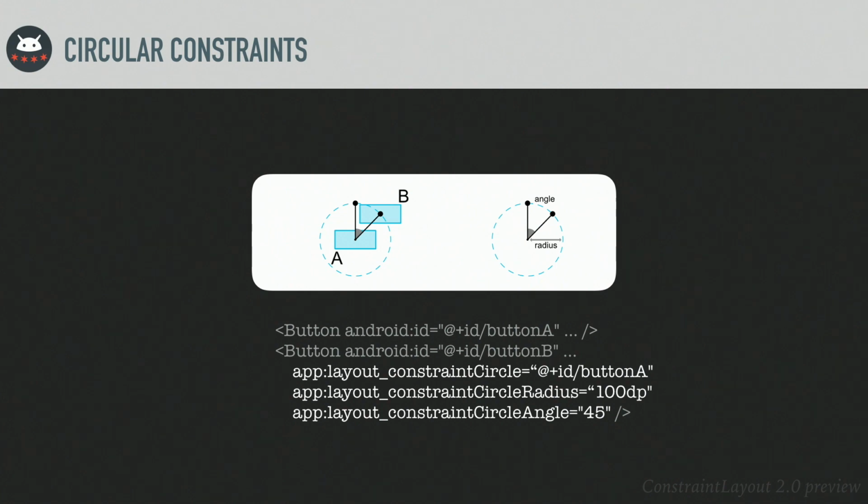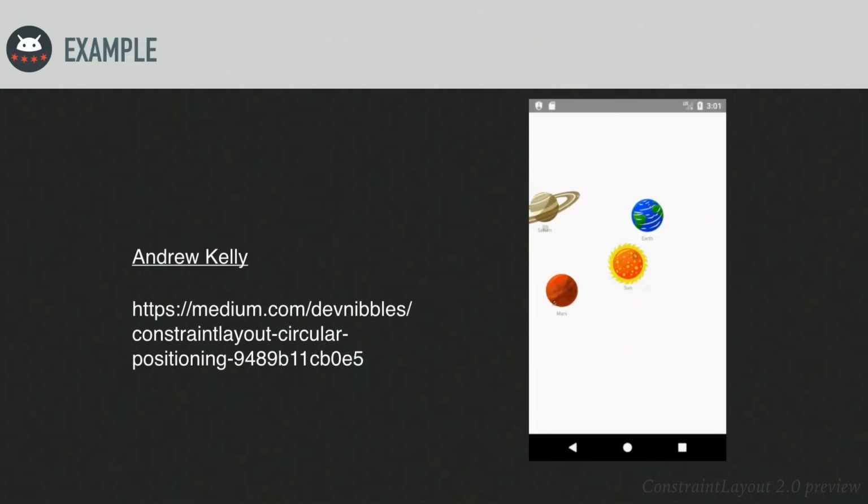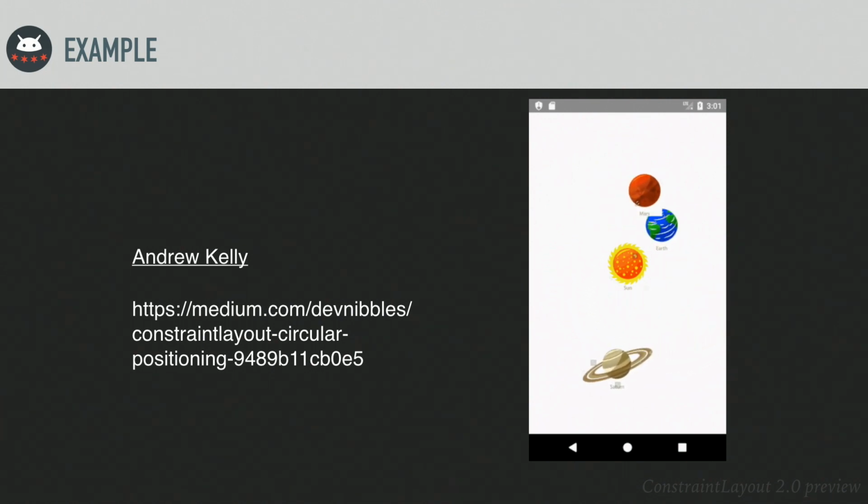The circular constraint essentially allows you to position a widget relative to another one with an angle. It's a somewhat limited use case, as you can tell, but it's a cute example. Fundamentally, you can use that for circular menus, or I've seen people using it, for example, to position an arrow of some kind to another element.